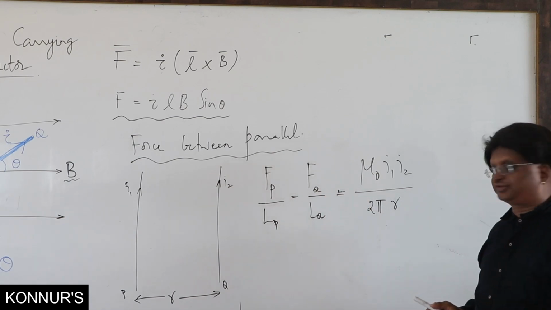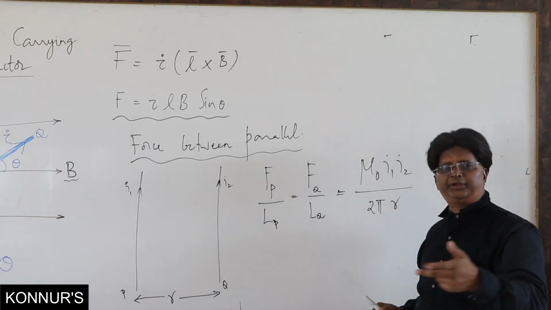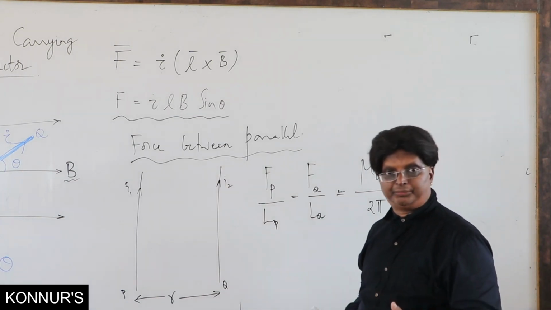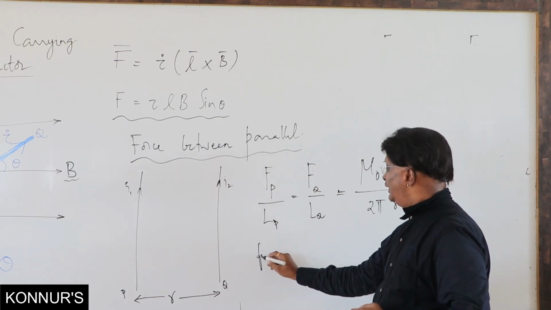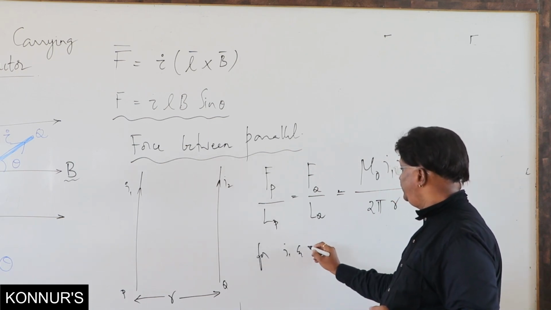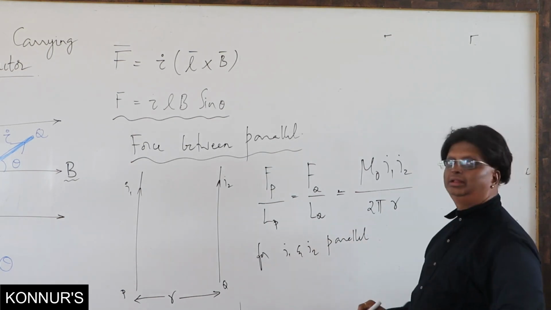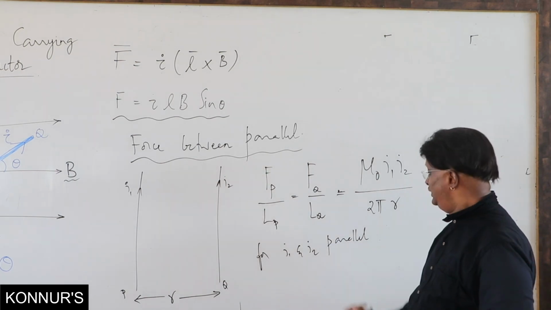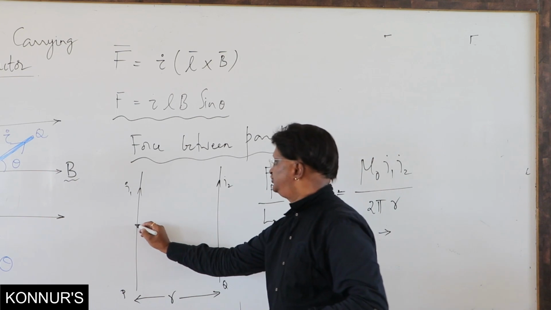Now what about the direction? Now the direction, again we use left hand rule. We did that in detail in the classroom. So once again, class notebook will help you. Here I just give the statement that for I1 and I2 parallel, both are parallel and of course carrying current in the same direction, the force will be towards each other.